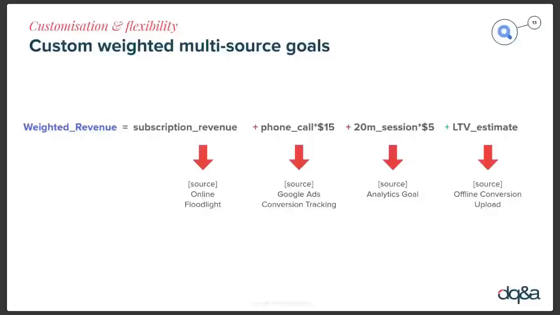If you have an analytics goal, so the person is spending 20 minutes or longer on one special site or on your whole website, you put a revenue towards it of €5, or your lifetime value depends on what your offline conversion upload is. So you can combine all of those and put it into a bid strategy, so the bid strategy can optimize to it, and you have enough data so the bid strategy can actually learn from it.